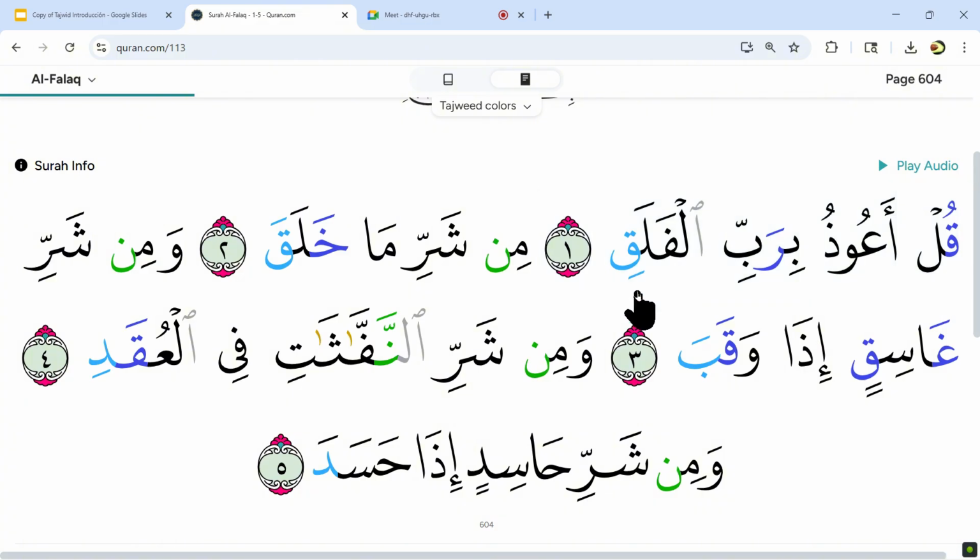It's not bad, but if you say birabbil falaq like that, an empty Qaf, you have to make it bounce a bit. قل أعوذ برب الفلق. It almost sounds like a quick fatha. فلق من شر ما خلق.